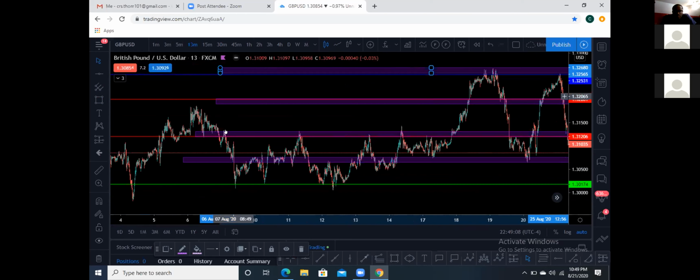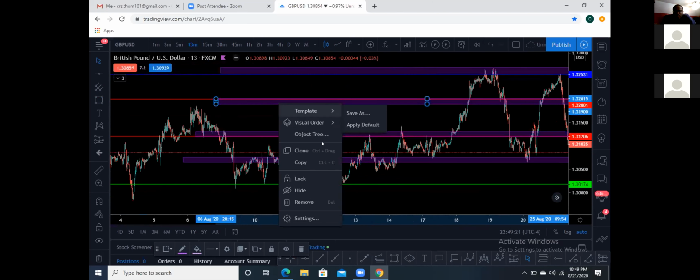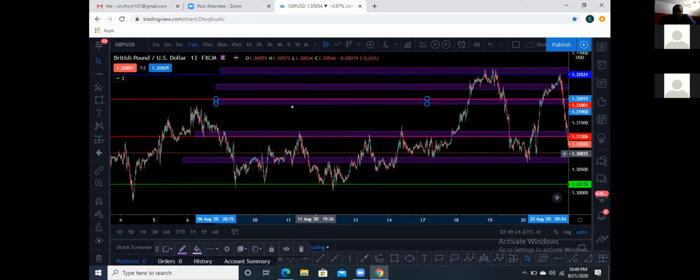But I think this is a good evidence to show how price was moving at one point in time. The price really loves to repeat itself.